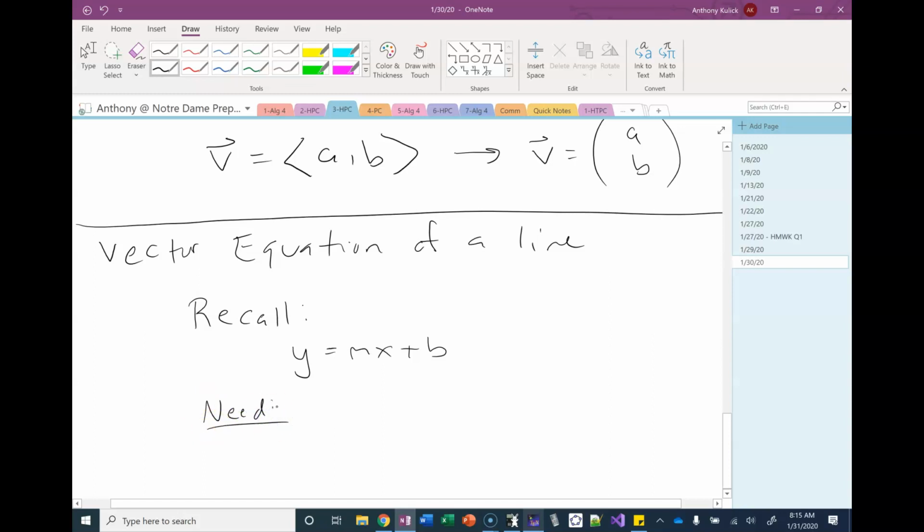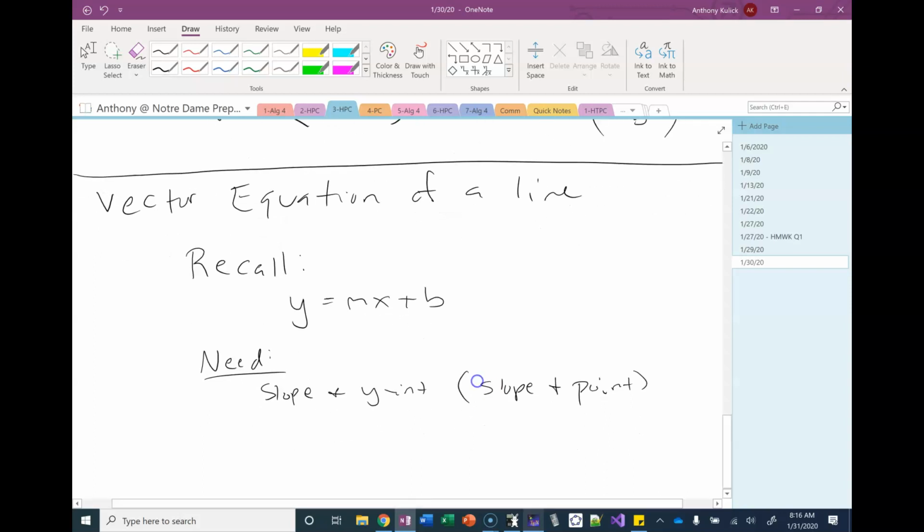So what kind of starting information could we give you to do this? There's two situations. You need more than a slope. Slope and y-intercept. Really, this is, though, more generally, the slope and a point, right? Any point on the line would work. It doesn't have to be specifically the y-intercept, but more generally speaking, any point is fine.